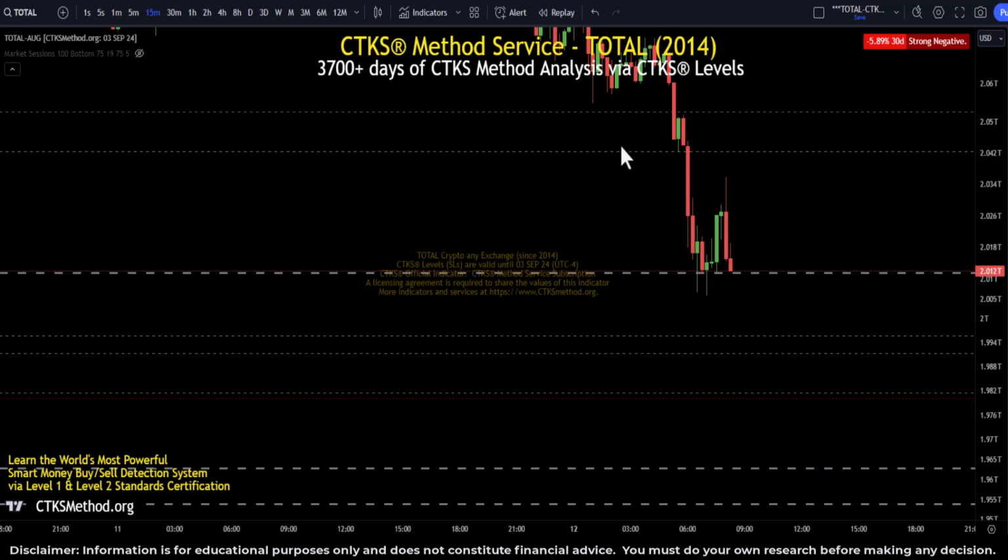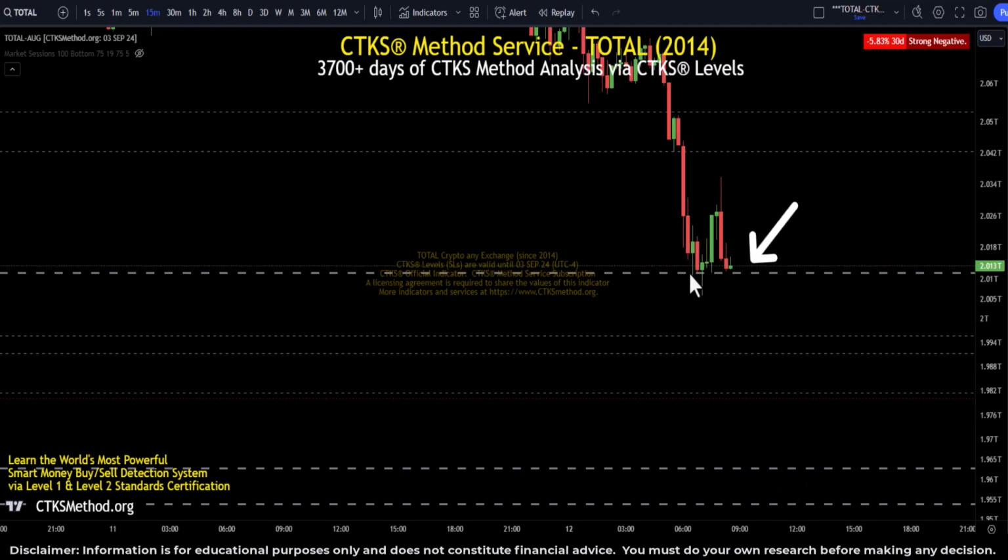If that support net breaks, you're just going down to lower support levels. That's as simple as it gets. Because this level is a fairly solid level of structural support right across the entire crypto market, we've seen that reaction, but we've also seen a bit of a push down. I want to show you how things look on different charts.